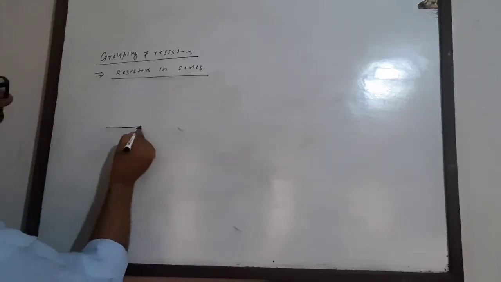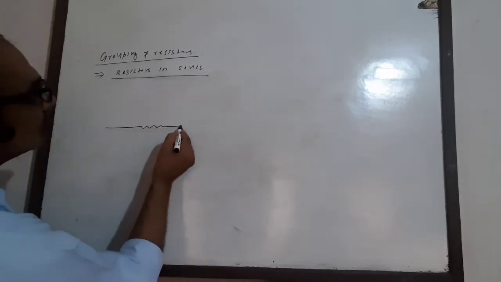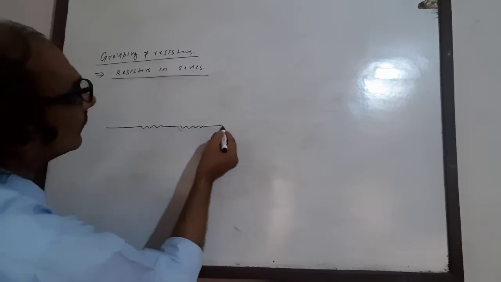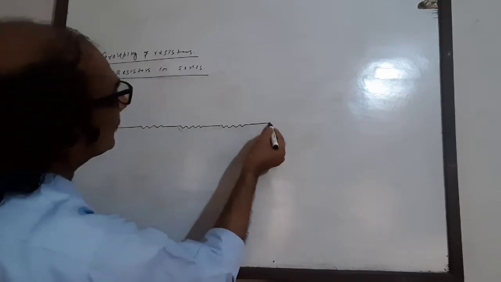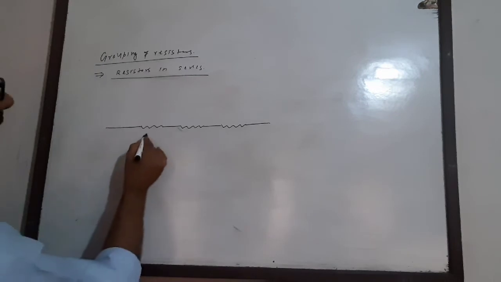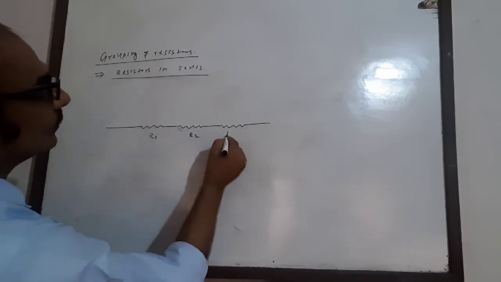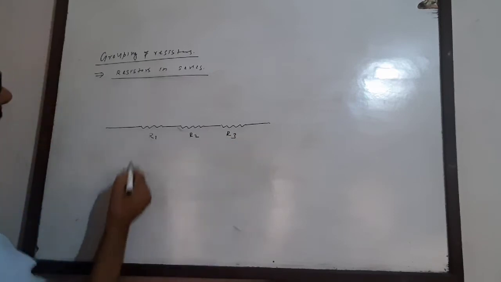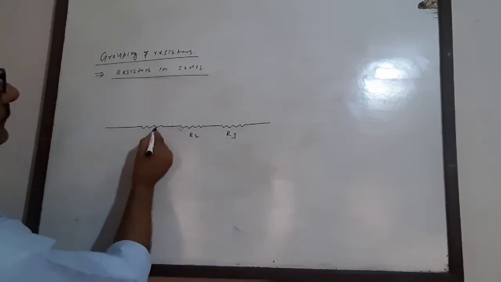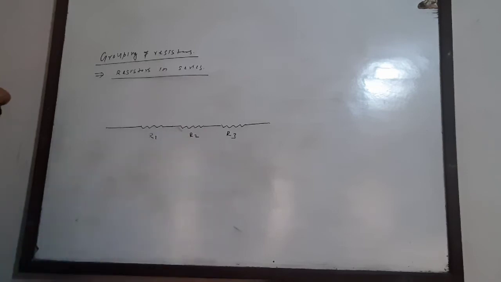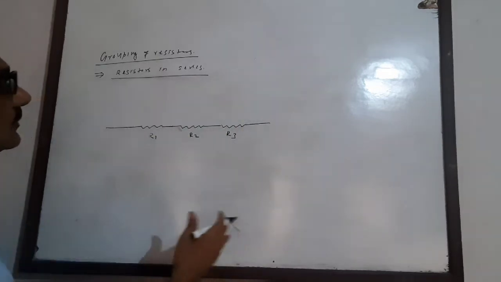Now consider three different resistors like R1, R2 and R3. The last end of a resistor is connected to the first end of another resistor and the process continues.